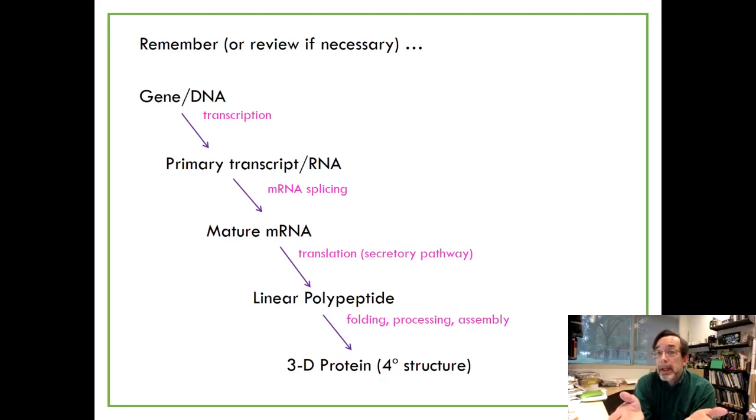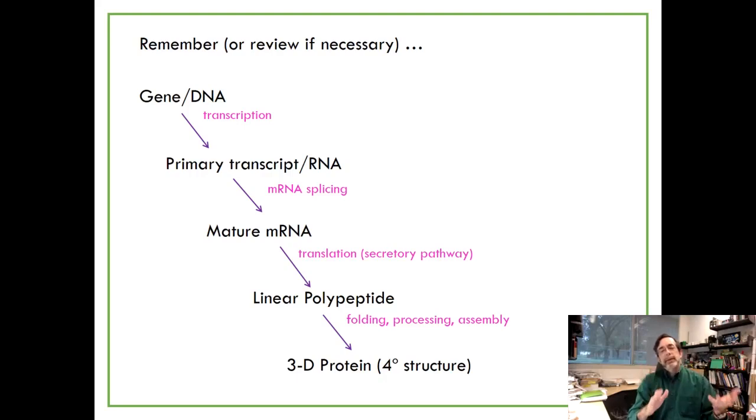Protein is a different language. You have 20 amino acids rather than 4 nucleotides. You have to go through a translation process, and it's a very different kind of molecule. So you make the linear polypeptide that corresponds to the linear mRNA, and then that polypeptide has to fold up into a 3D structure.